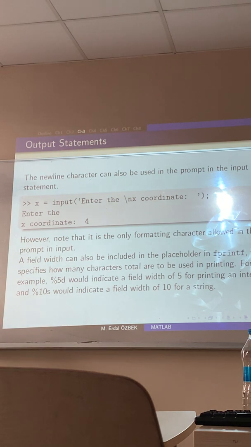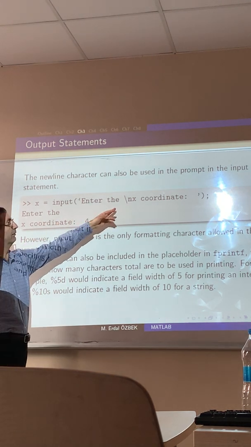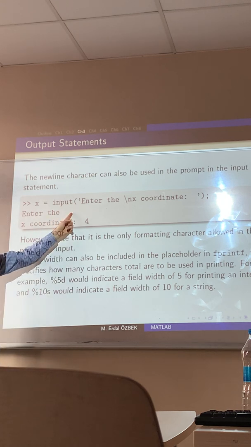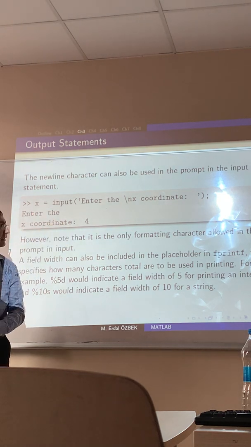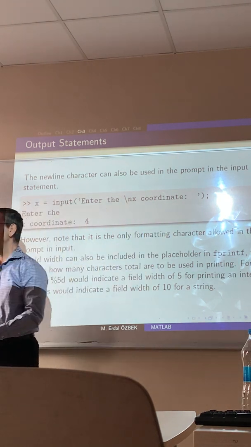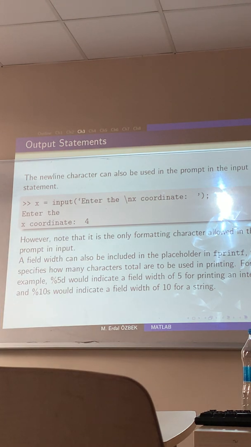So if you have, for example, a new line and then x coordinate, after the enter there's the new line, so it comes to the new line here. The result will be just the input.